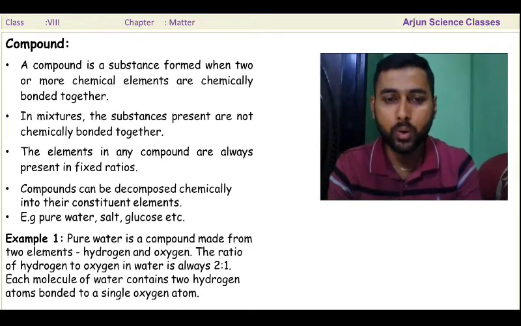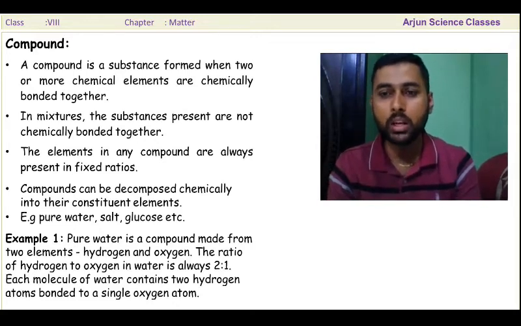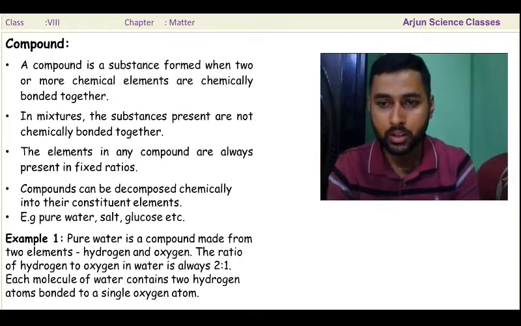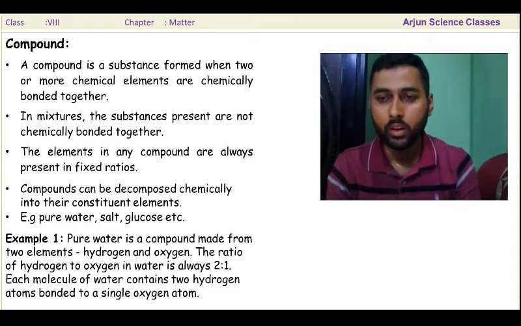Pure water is a compound because of two things that you need to remember. First, a compound is formed by the combination of elements, and the elements are combined in their fixed ratio. Second, these elements are chemically bonded.